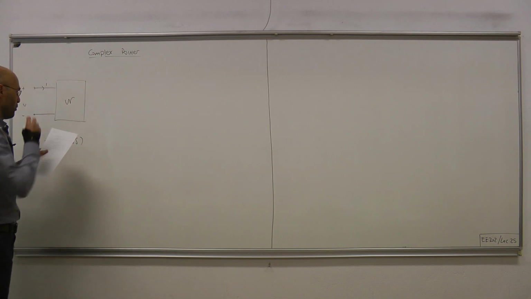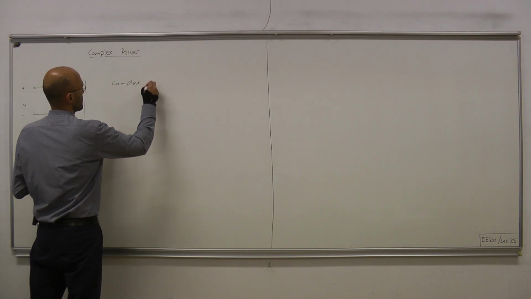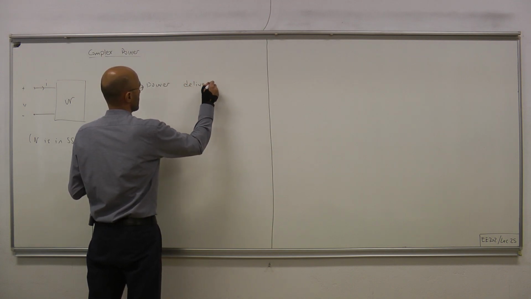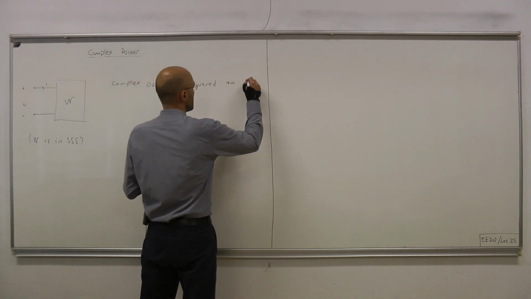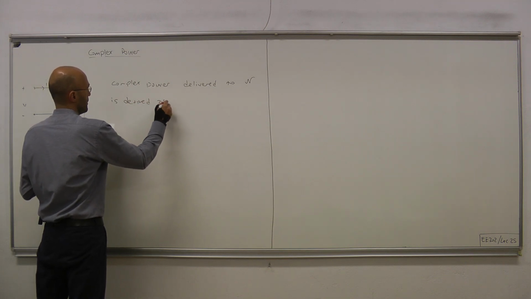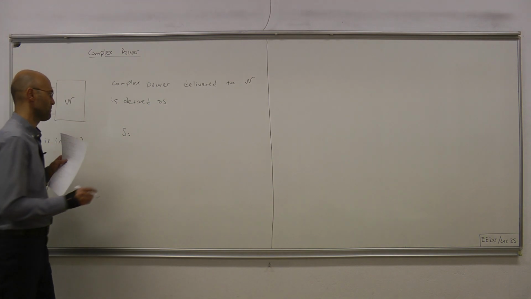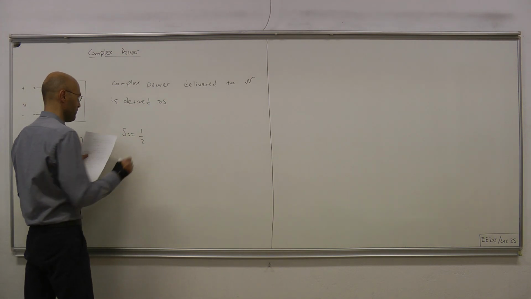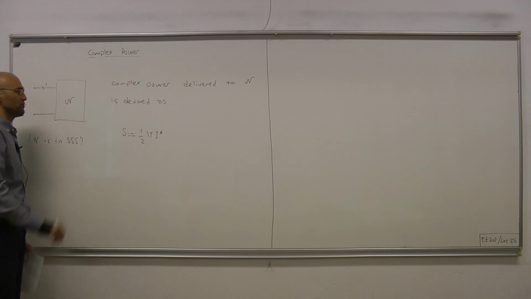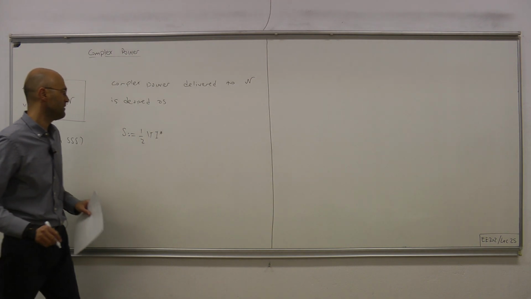Now, for this one port, we define the complex power as follows. The complex power delivered to the one port N is usually indicated by capital S, and the definition is 1/2 times the product of the phasor of the voltage V and the conjugate of the phasor of the current I. So it's 1/2 V times I star.